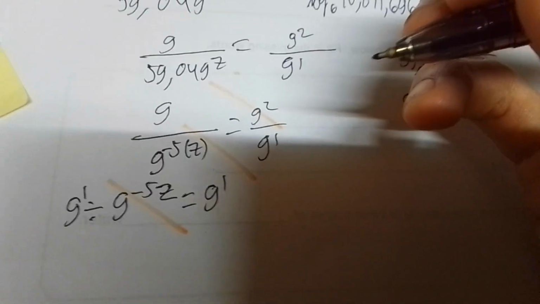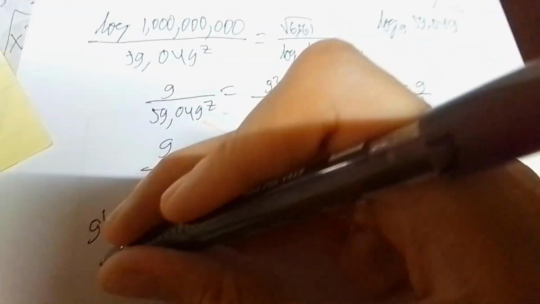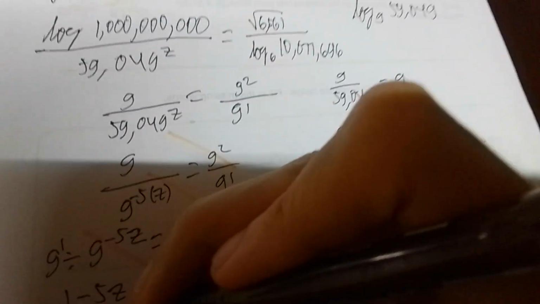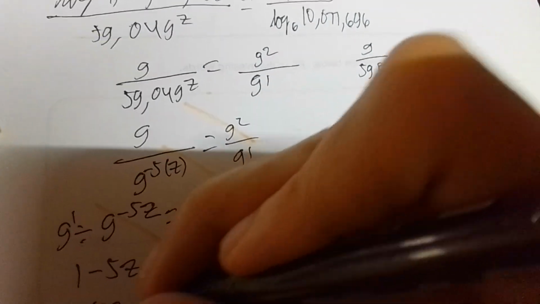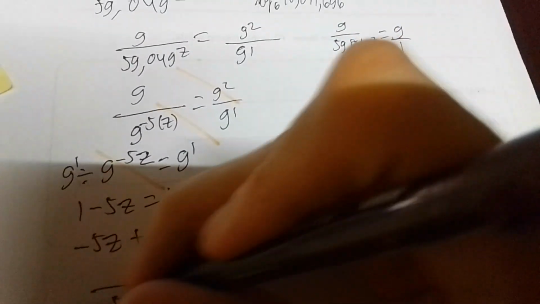Now that the bases are congruent, we eliminate that. So 1 minus 5z is equivalent to 1. Subtract 1 on both sides, we have negative 5z is equivalent to 0.